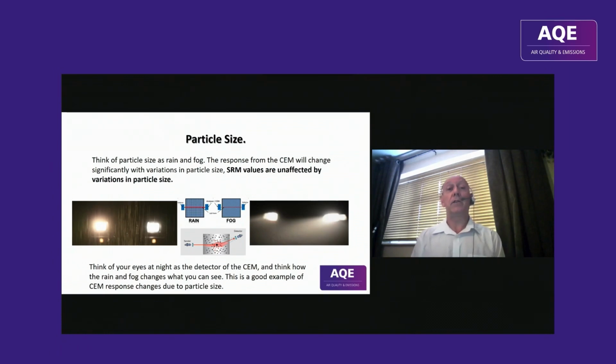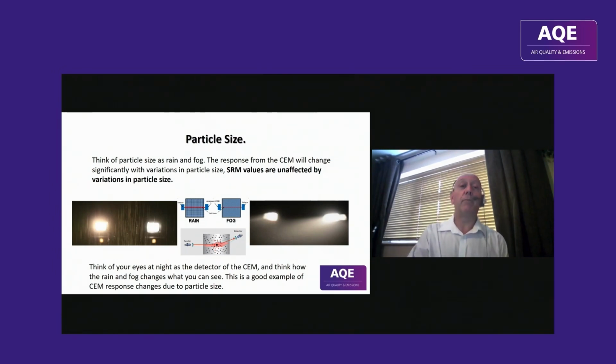This effect can lead to deviation between the standard reference method and continuous emission monitor responses. So think of your eyes at night as the detector of the continuous emission monitor, and think how the rain and fog changes what you see. This is a good example of how continuous emission monitor responses change due to particle size.